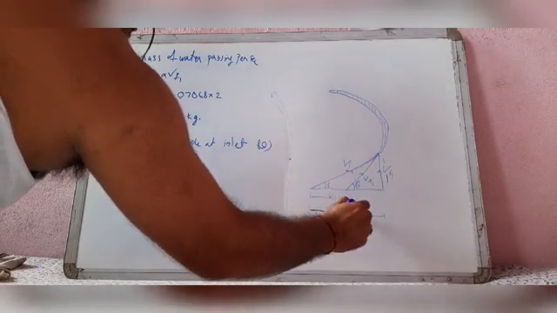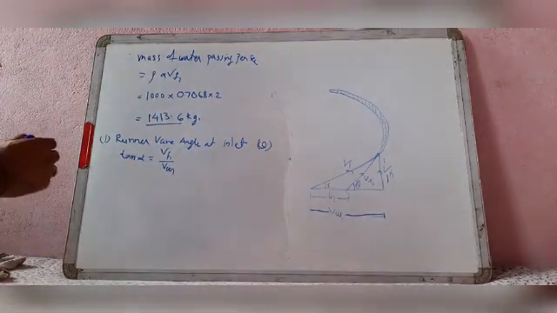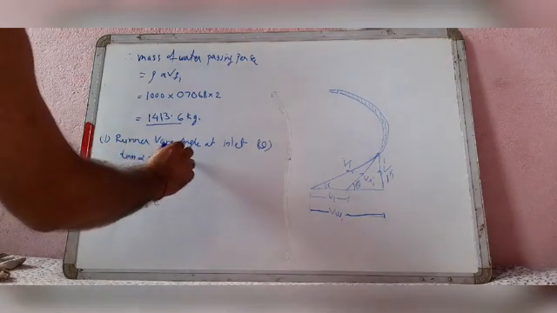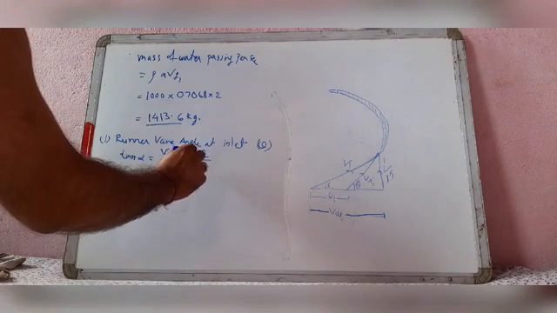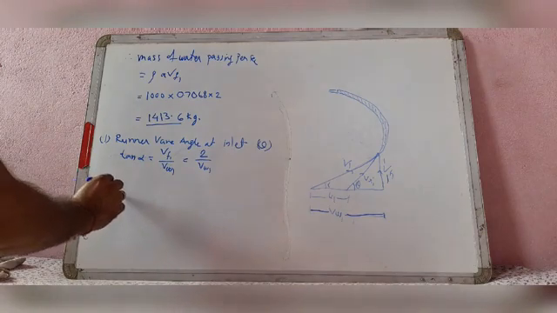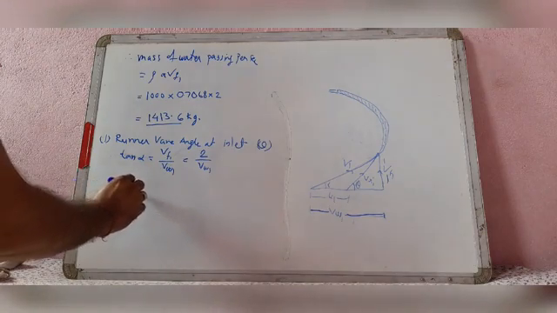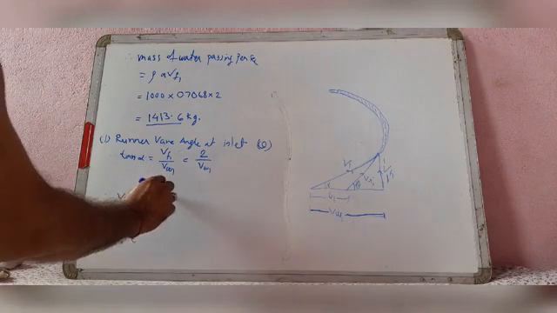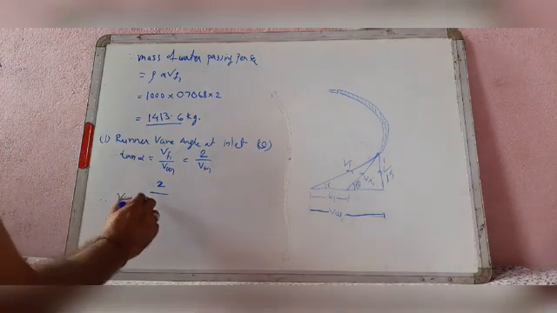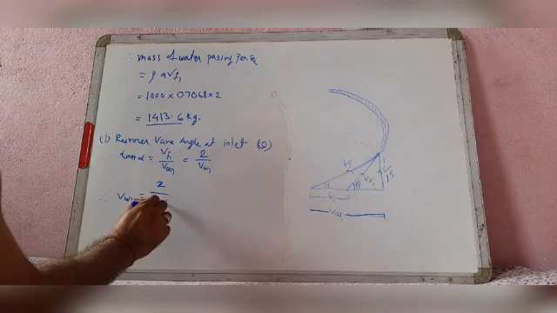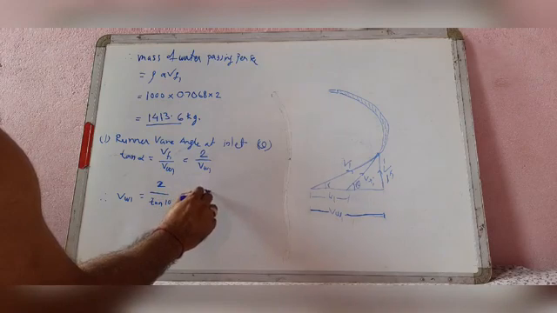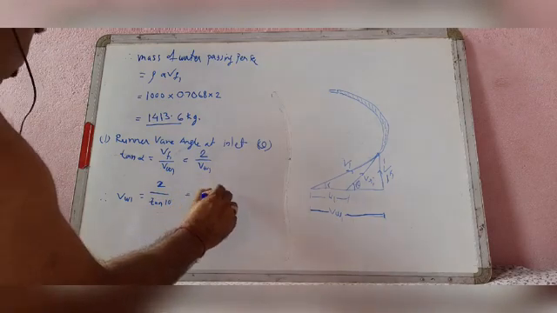That is equal to 2 by Vw1. So Vw1 equal to 2 by tan 10. So this comes 11.34 meter per second.